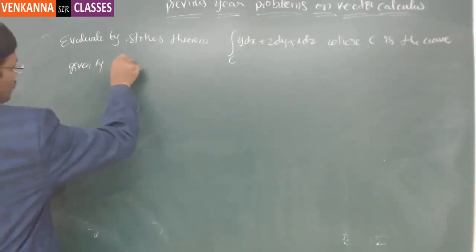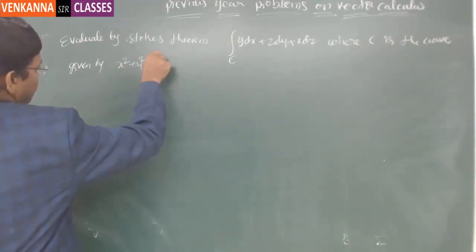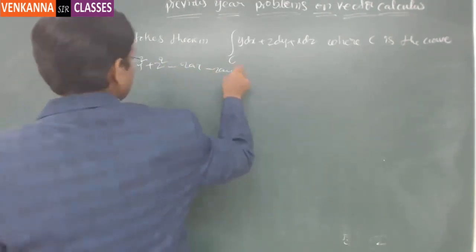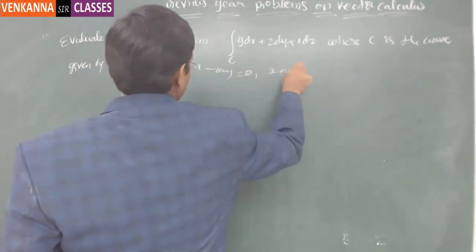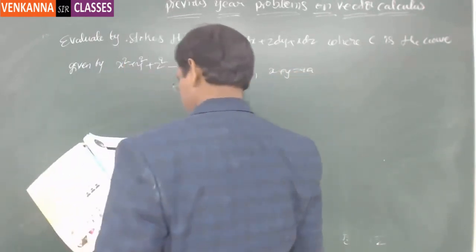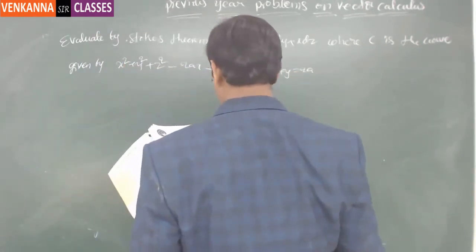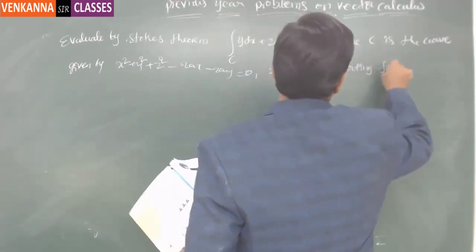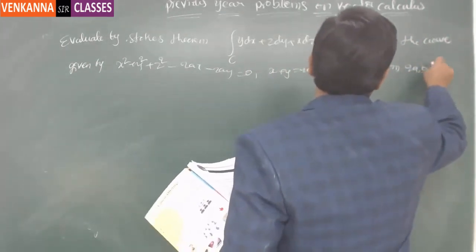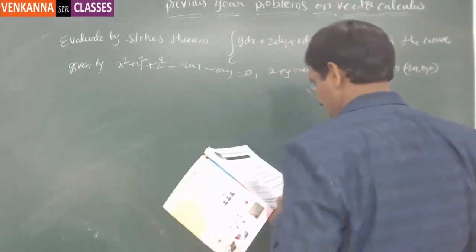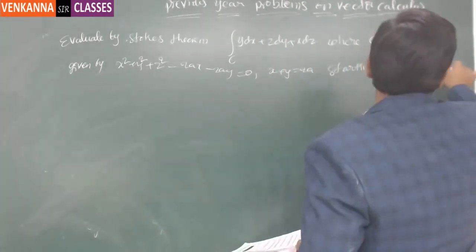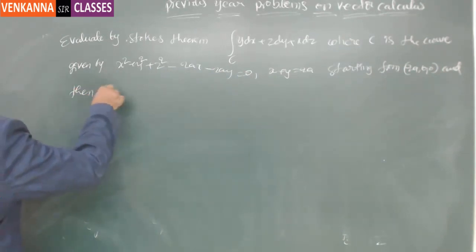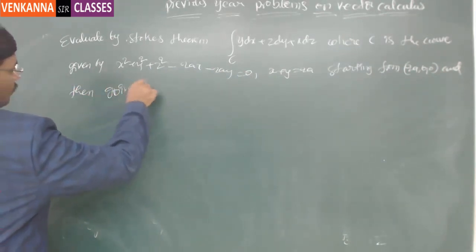x square plus y square plus z square minus 2ax minus 2ay equal to 0, comma x plus y is equal to 2a, starting from 2a comma 0 comma 0, and then going below the z plane.